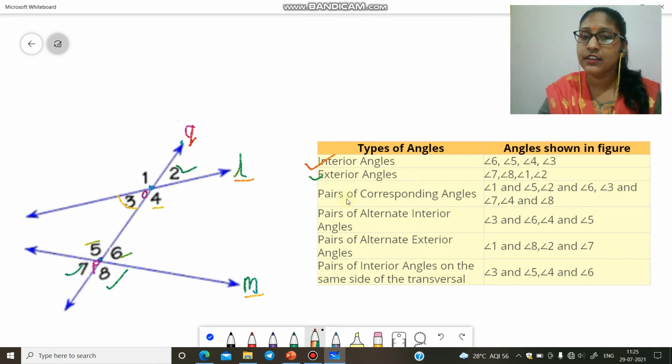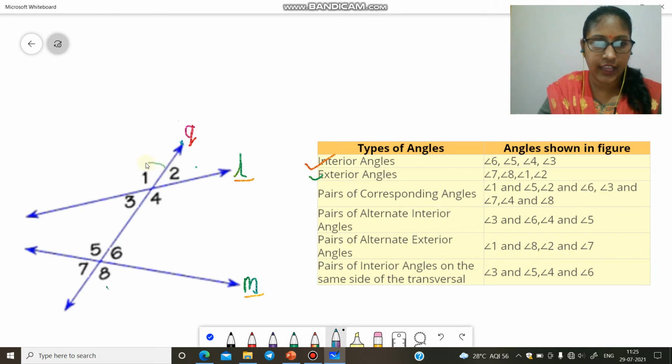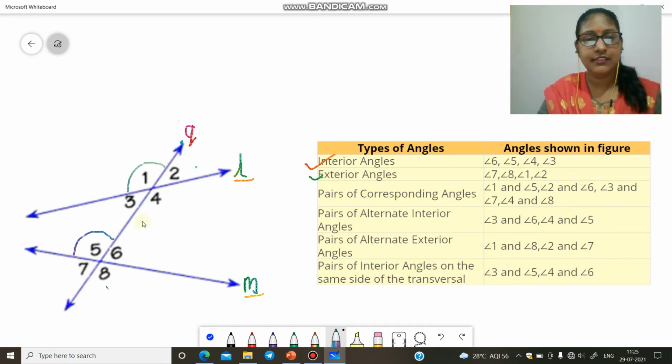Now the next is pair of corresponding angles. When we are considering angle 1 and angle 5, we can see that both the angles have different vertices.